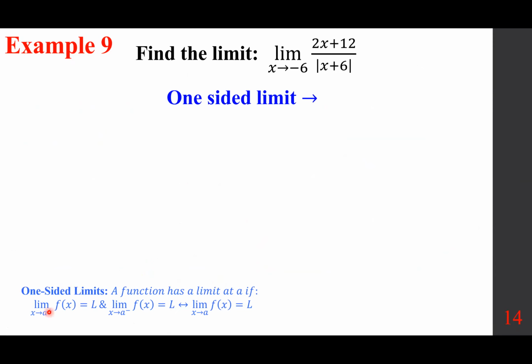The limit of f of x as x approaches a from the right is L. The limit of f of x as x approaches a from the left is L. Therefore, the limit does exist as x approaches a, and it's equal to L. So let's look at this limit from the left of -6. Let's see what happens to this expression.